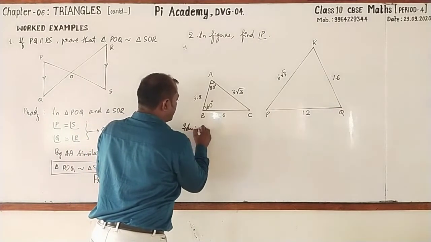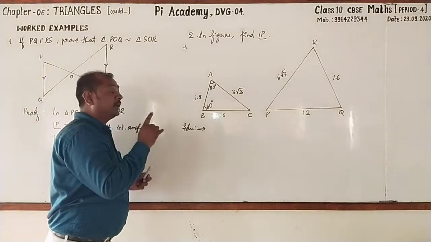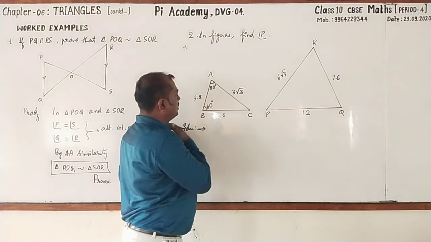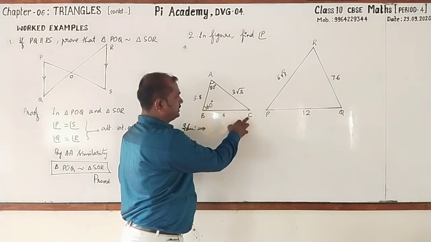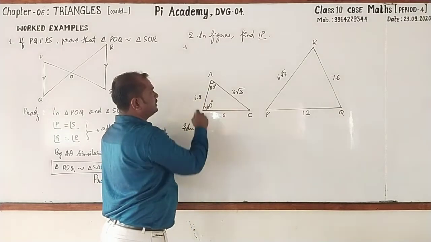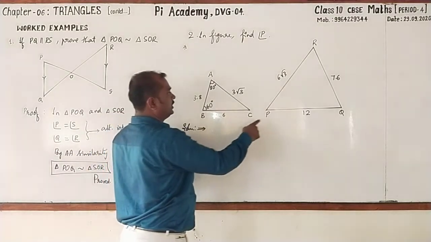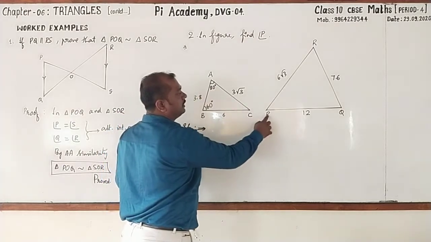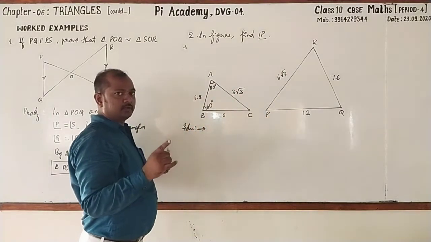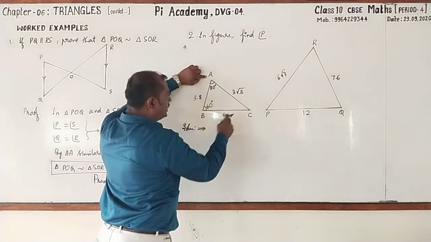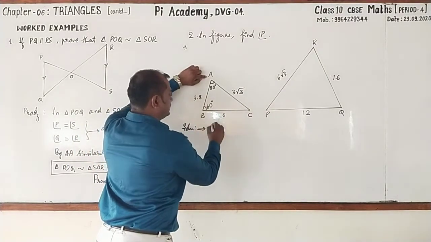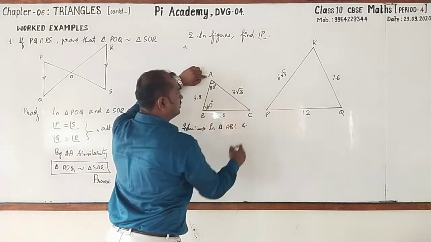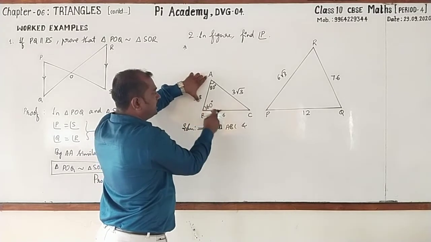To find out that, I go for finding the ratio of the corresponding sides. Look at that. I'll take first triangle CBA, it will be easier. If you take CBA, then we can take PQR. Or else, if you take ABC, see that in triangle ABC, here 3.8, 6.